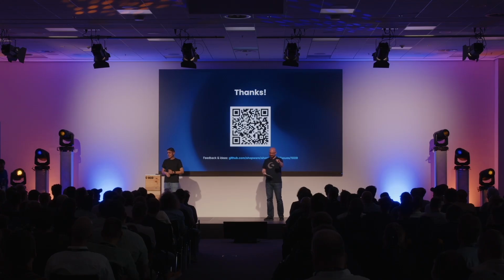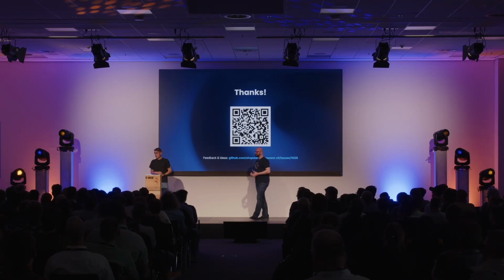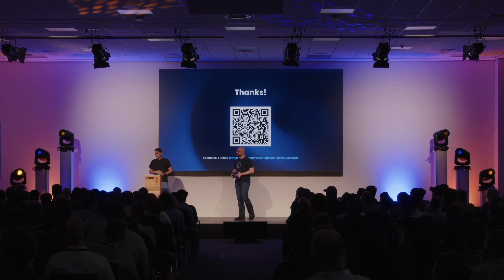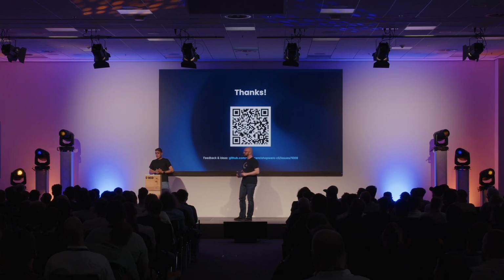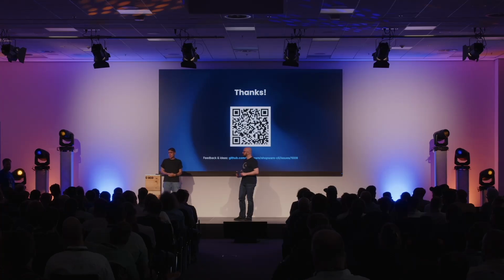So, what is your rough timeline for the whole stuff? When will it be production ready? So, what I'm already working on right now is the project upgrade. That's the next thing that will come. There's already an open pull request in shopware-cli.